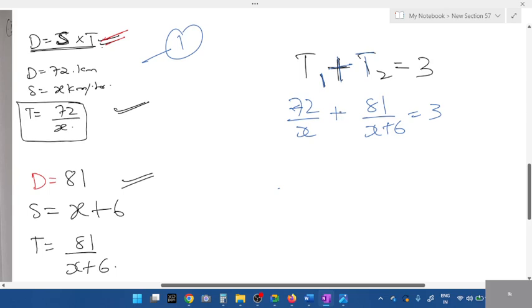So 72 and 81, 9 is common. 9 is common in the numerator. 9 8s are 72, 9 9s are 81.